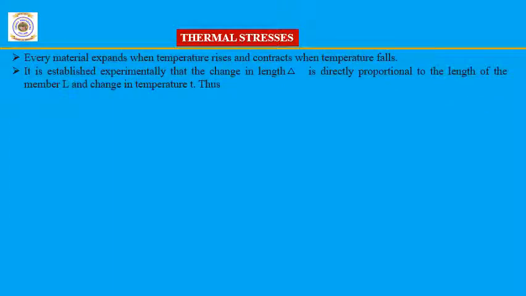To derive the relation between the change in length, either expansion or contraction, the change in temperature which is responsible, and the length of the member, we can write delta is directly proportional to T into L. That is, the change in length of the member is directly proportional to its length and the temperature.